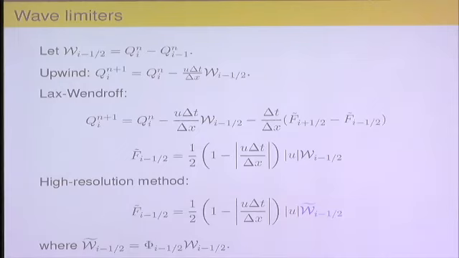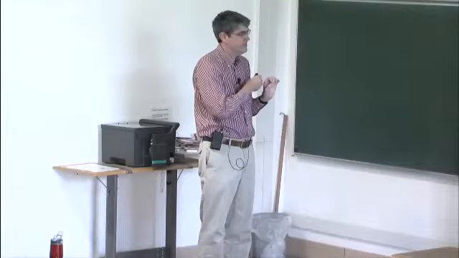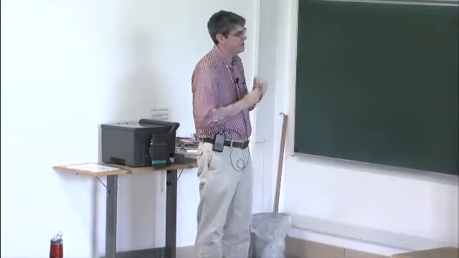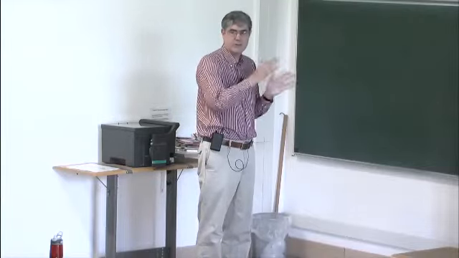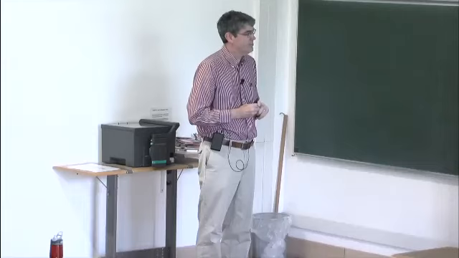So in the case of the scalar advection equation, if we have flow to the right, for example, if u is positive, then this limiter would be based on the magnitude of this wave, but then also look at the wave coming into the cell on the left, the one in the upwind side, and see how those two waves compare to each other in amplitude.